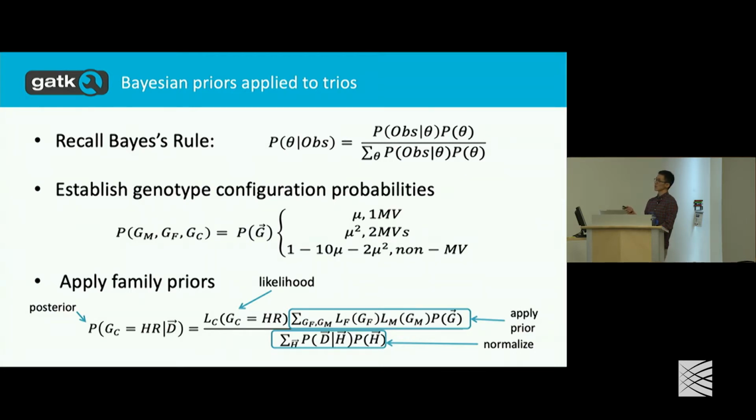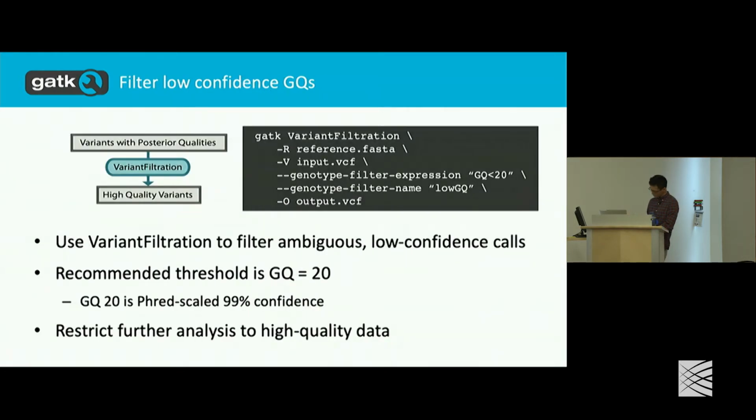So that's even less likely to happen. If you raise 10 to the negative 8 to the power of 2, you get 10 to the negative 16, which is very unlikely. So we use this information as priors and update the posterior probability of a genotype.